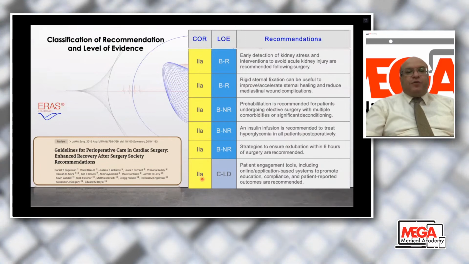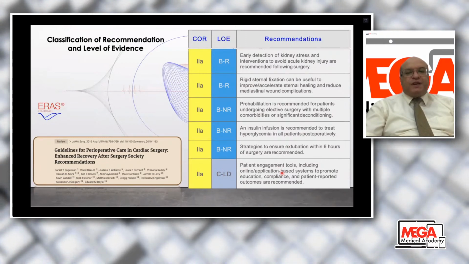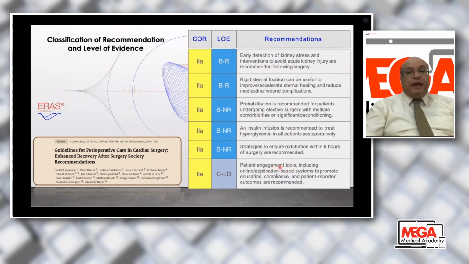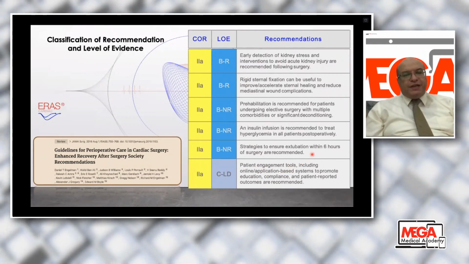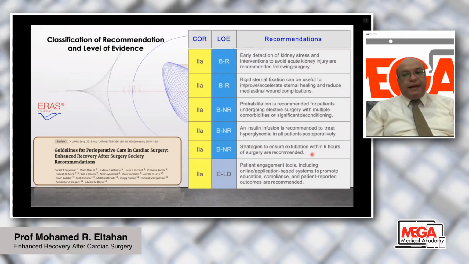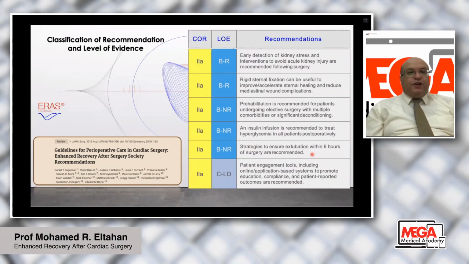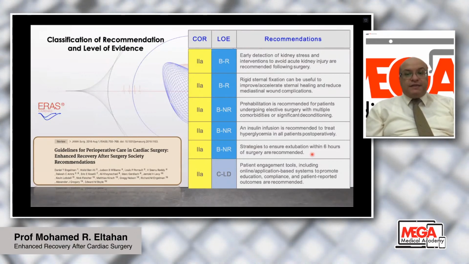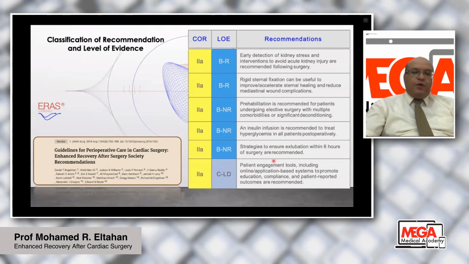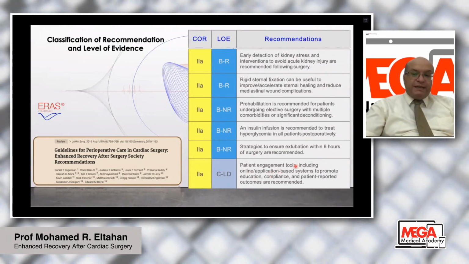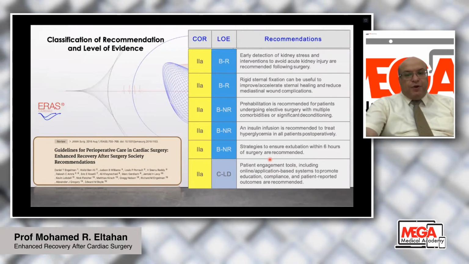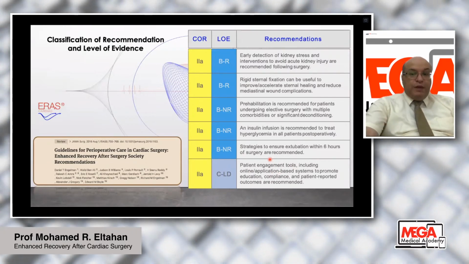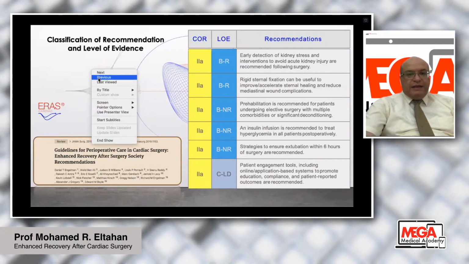There is also a level 2A recommendation, but based on observational studies: patient engagement tools, including providing your patients online virtual protocols, educational videos, and interviews, to demonstrate the patient's compliance with the regulations after surgery, and the patient-reported outcomes will be improved with this technique.